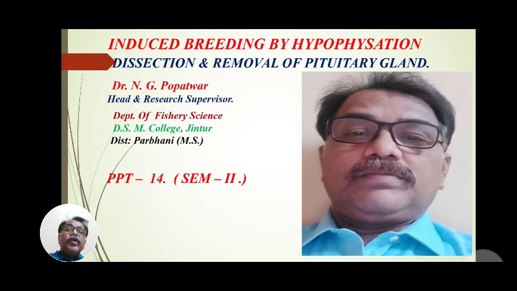Next to the brain, the pituitary gland is found, and this gland is removed to prepare a gland extraction. This extraction is then injected into the mature fish, and the fishes respond to the injection. These glands are most important, hence hypophysectomy.